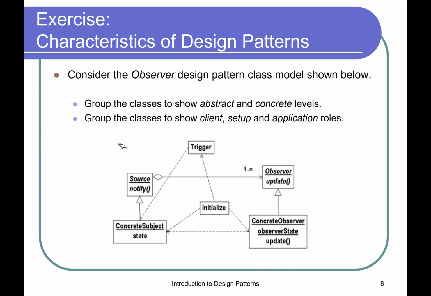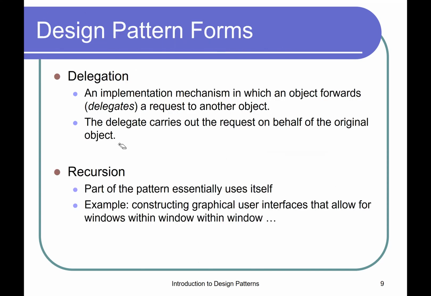The observer design pattern is something we're going to come back to when we do behavioral design patterns. So we're not explaining it now in this slide, but rather showing what you're going to expect to see over the next chapters.